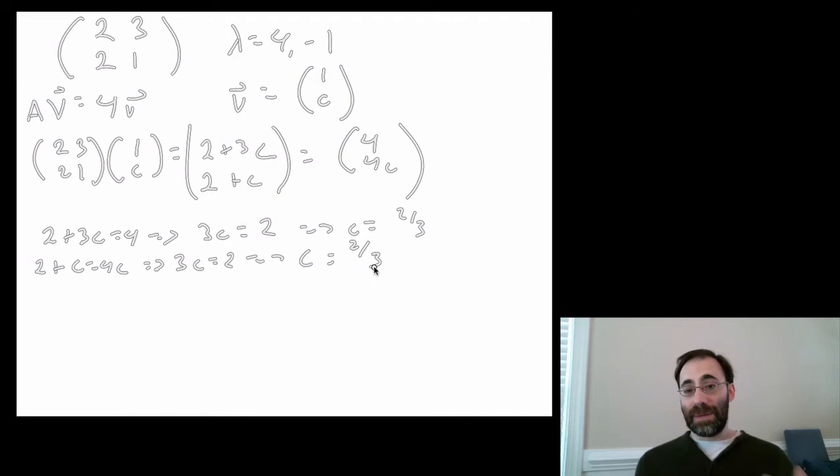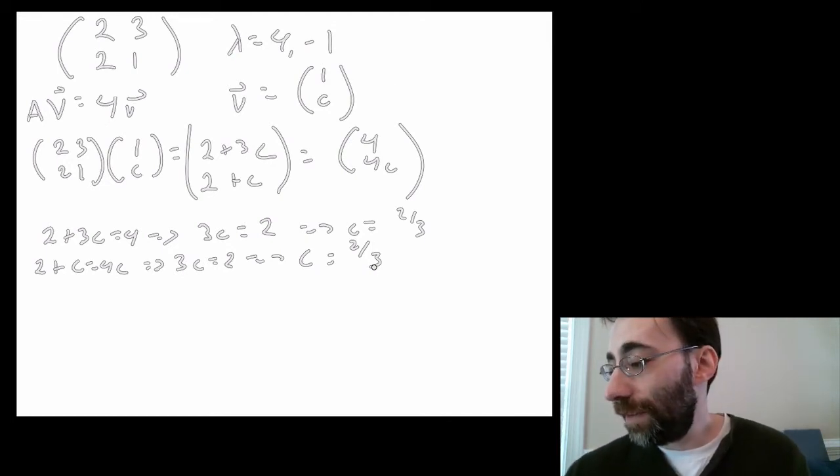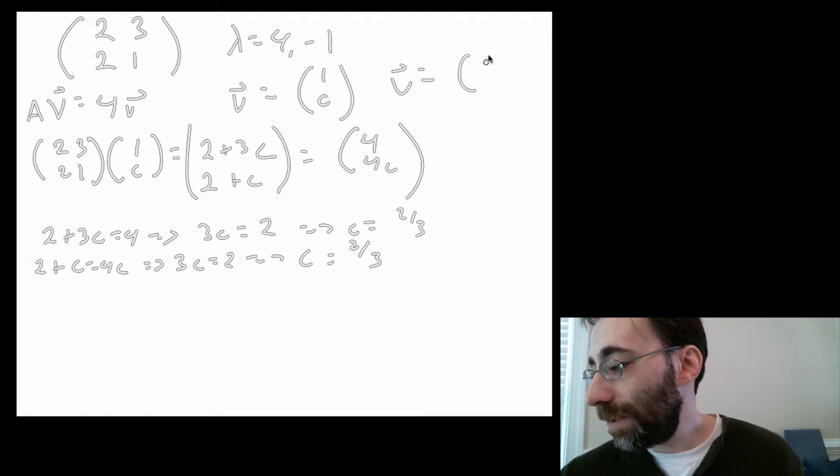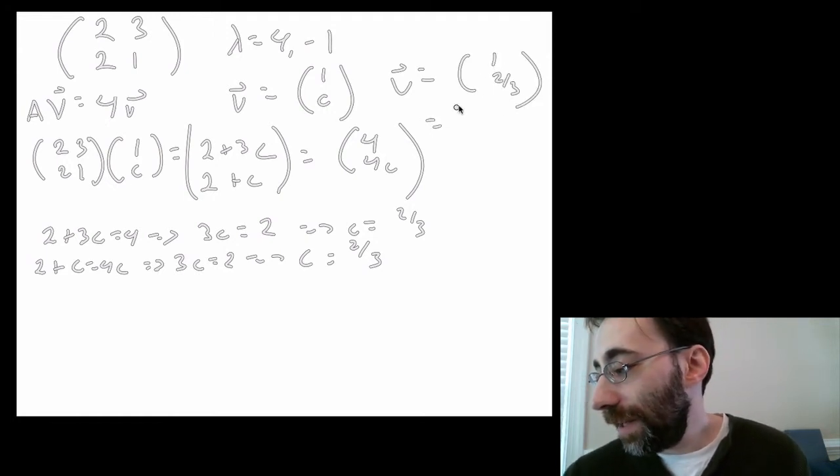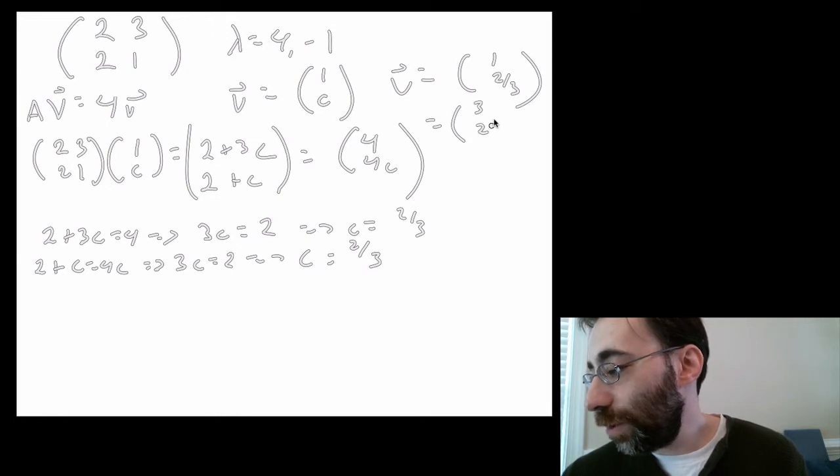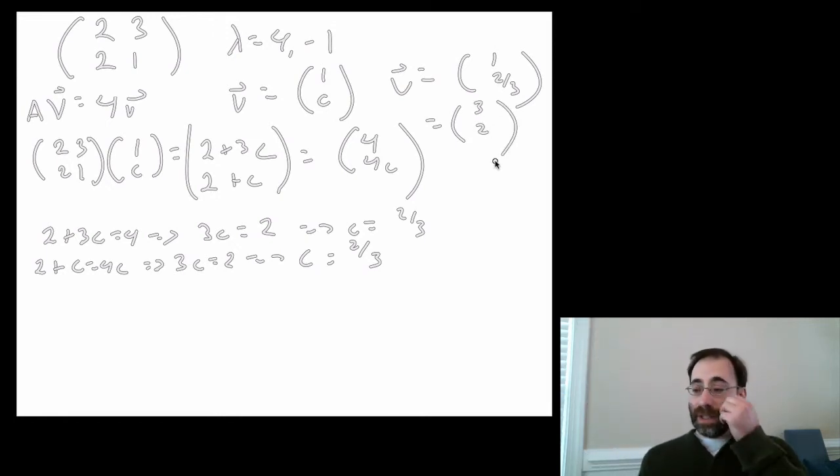Two equations give you the same thing. Okay, so we're done already. V, therefore, for this example, is (1, 2/3). It also could be (3, 2) if you want to multiply through by 3 to get nice whole numbers. It doesn't matter. The point is that is your eigenvector.